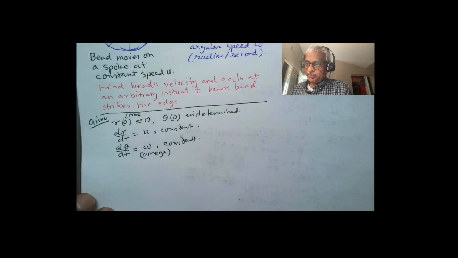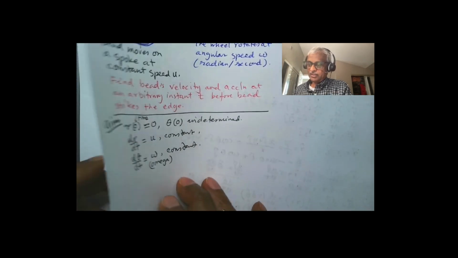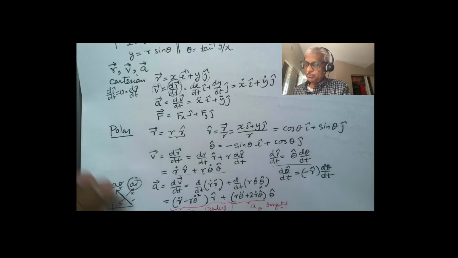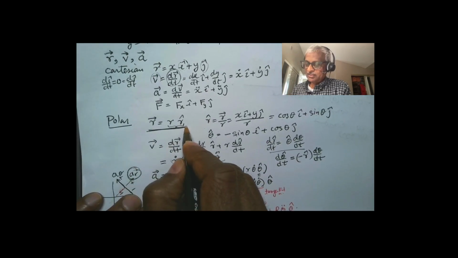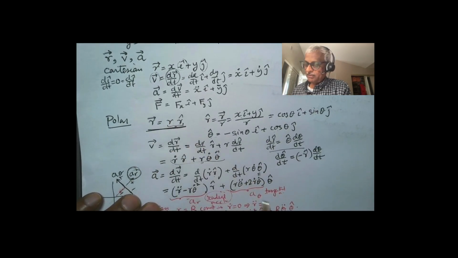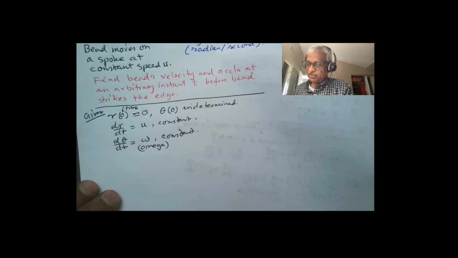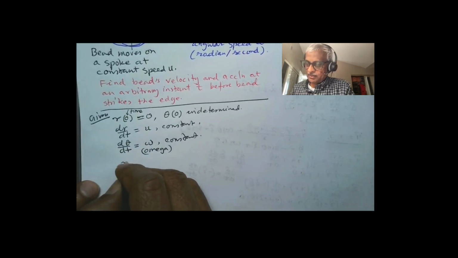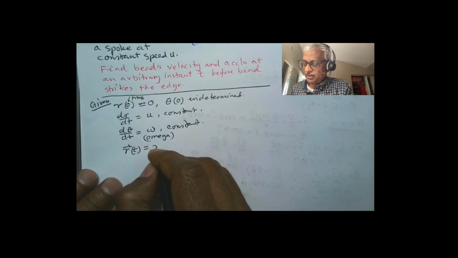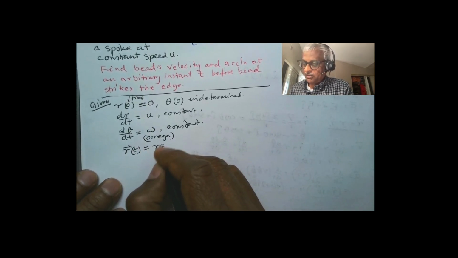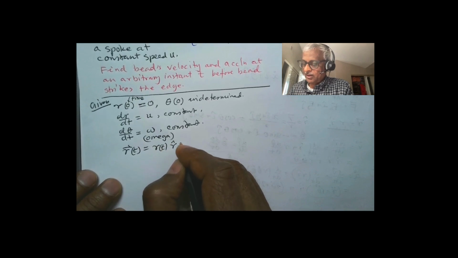So from this other side, I wrote down what the position looks like. Let's look at the position. The position vector r of t will simply be r of t times r hat of t.